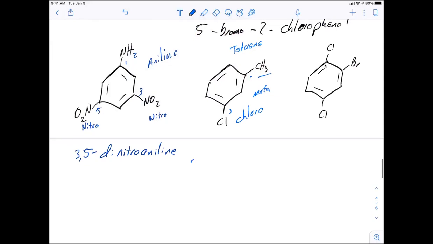So this one can be meta-chlorotoluene. We could have also named it 3-chlorotoluene. No need for the 1.